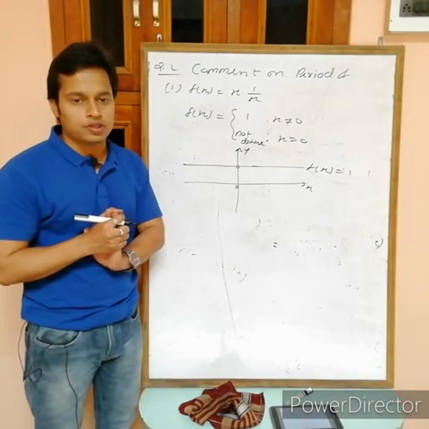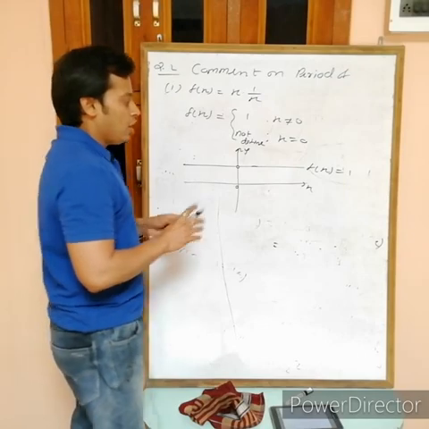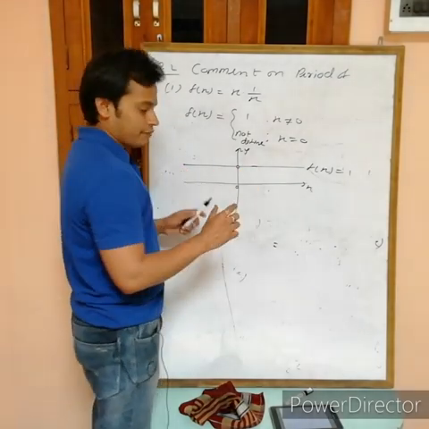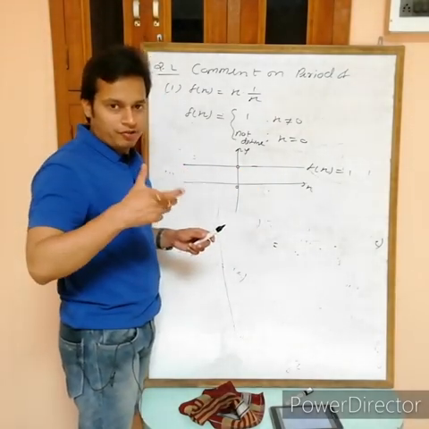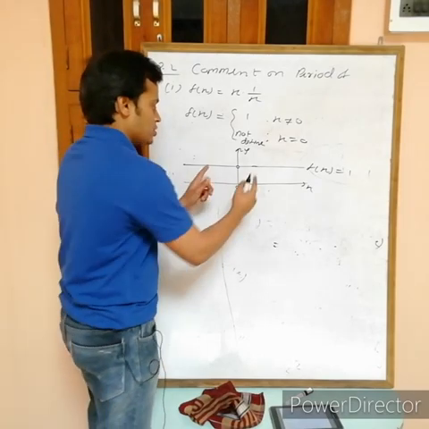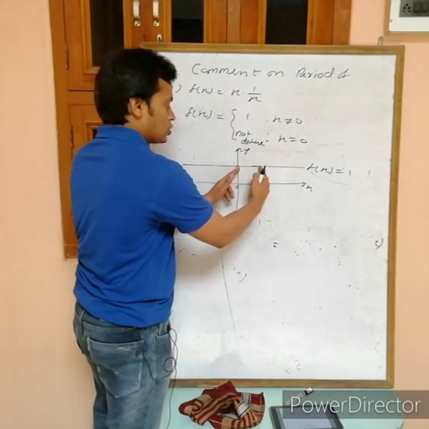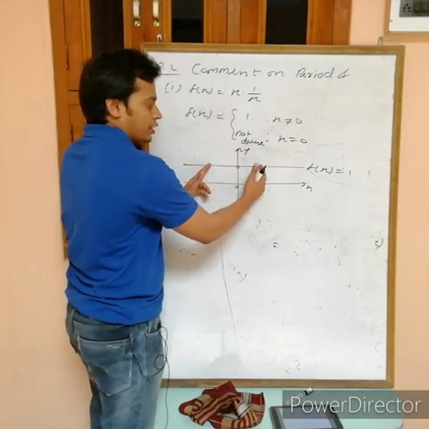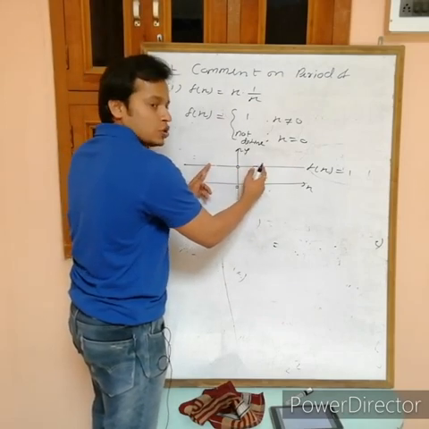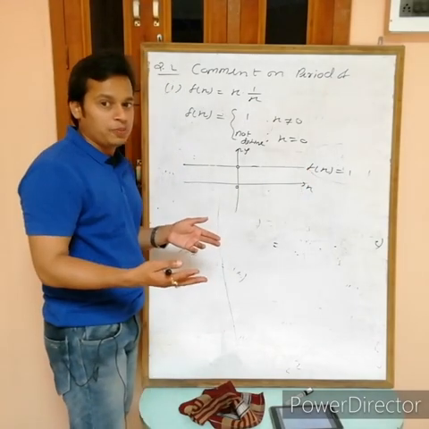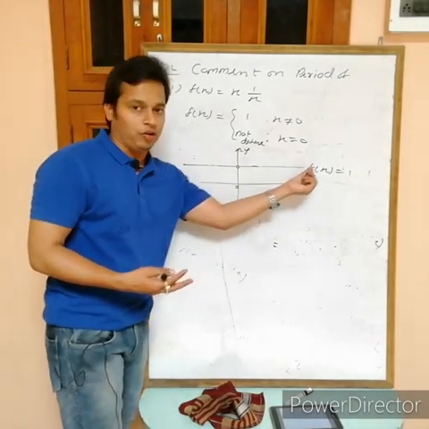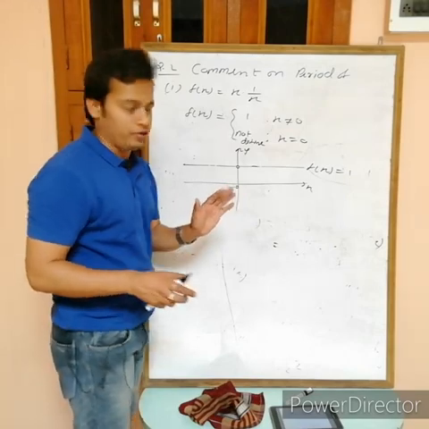Not periodic, this is a non-periodic function. How can I say? For a periodic function, after every interval the values must be repeated. Now check, is this repeated or not? We are not getting this white hole again, it is not repeated, so all values must be repeated. If there is a white hole, then the white hole must be repeated, so this is not a periodic function.